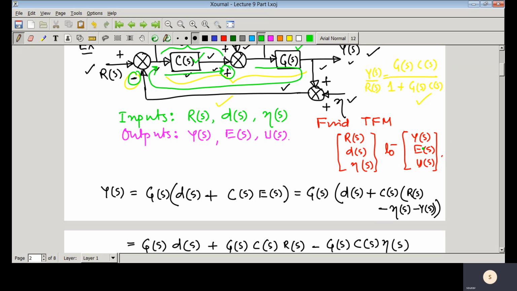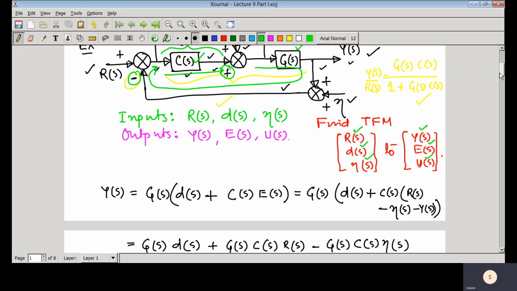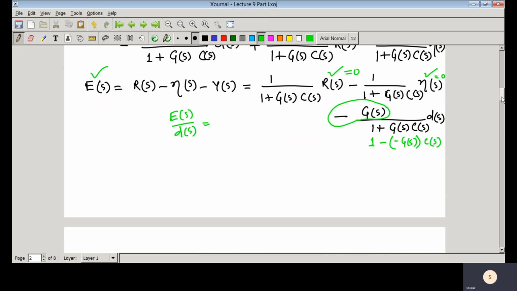We need to find the transfer function from RS, DS, eta S to YS, ES, US. We have already written the expressions of YS, ES and US in terms of RS, DS and eta S. So let us write it in matrix form.